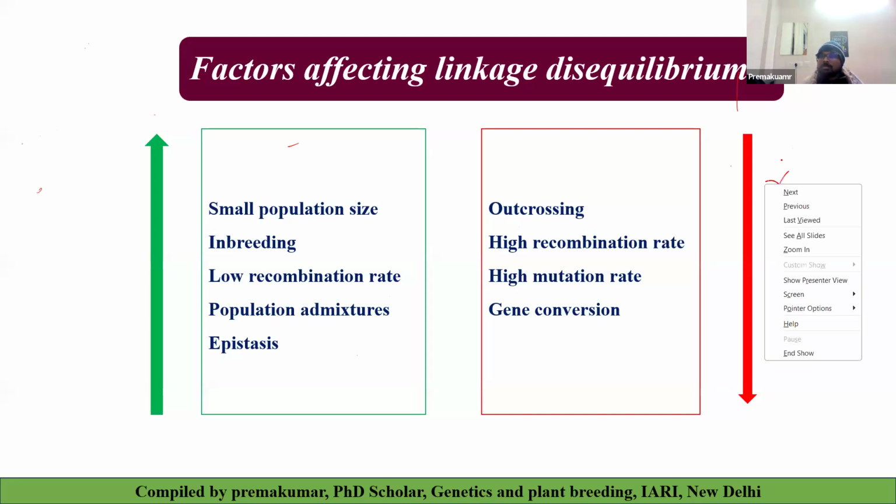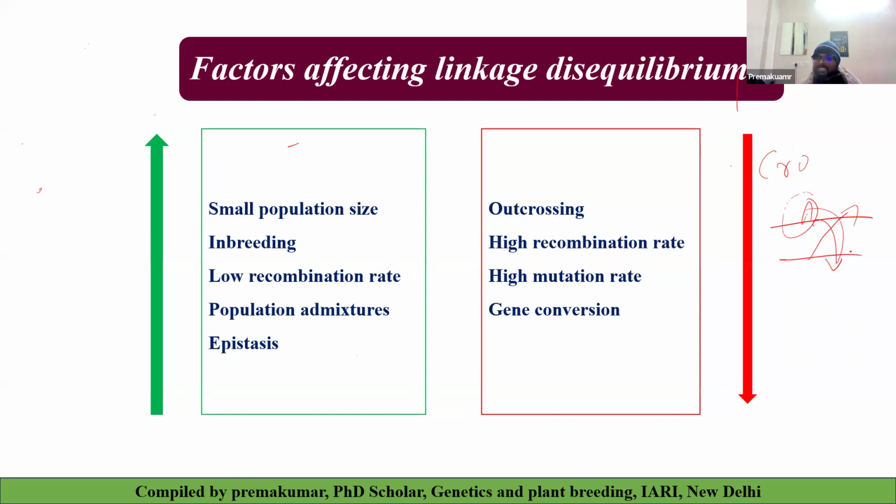Actually, it's a non-reciprocal exchange of the chromosomal region between the two individuals. Normally, in crossing over, it's a reciprocal exchange. This region will go here, and this region will go here. But only this region is coming to this region, and this region will never go to this region. This is called a non-reciprocal crossing over. Due to that, there will be a gene conversion.